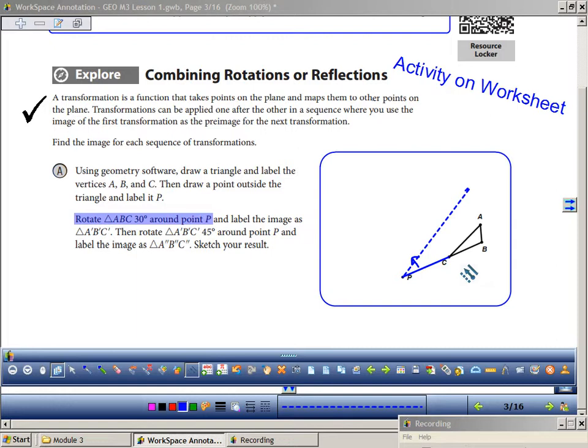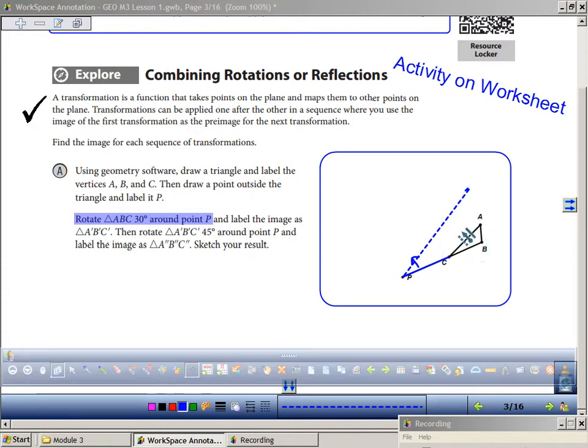Now if I use patty paper, wait, what's my next step before I use patty paper? This is my degree. This is how much this figure is going to rotate, going to here. What's my next step after I find my angle of rotation? Remember?